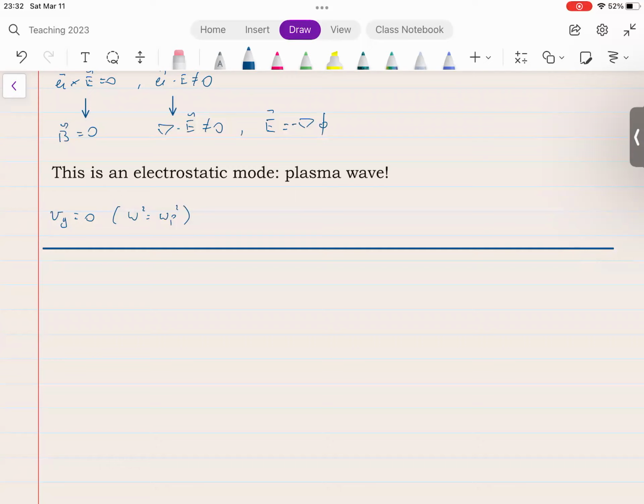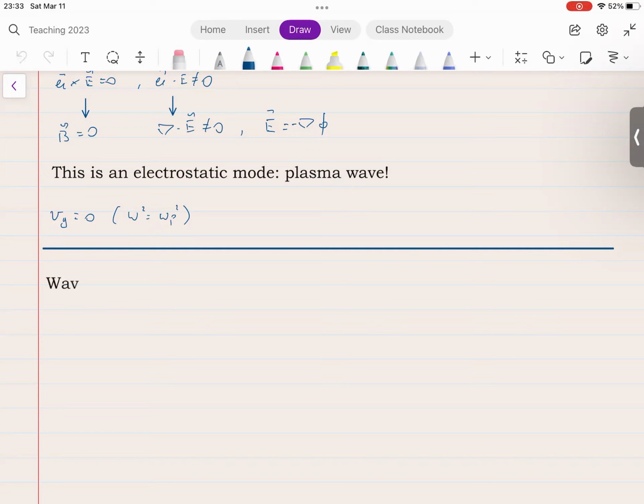Now, we're going to set the equilibrium magnetic field to be non-zero. And that's what we're going to mean by magnetized. We're going to assume that there is no space dependence for the magnetic field.